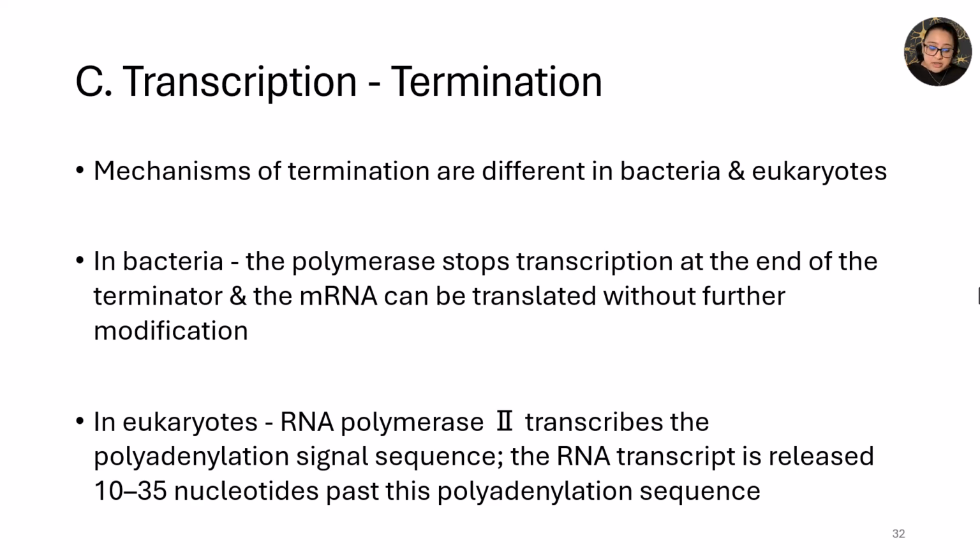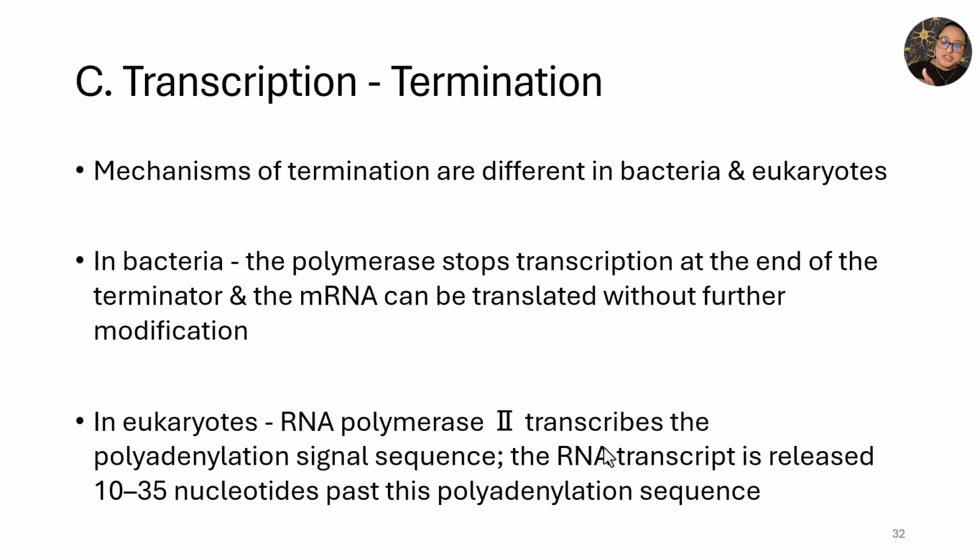But in eukaryotes, there's a little bit of a difference. In eukaryotes, there are actually different RNA polymerases, but it's specifically RNA polymerase 2. RNA polymerase transcribes this sequence at the end that's called the polyadenylation signal sequence. So it's a little bit of extra stuff at the end.